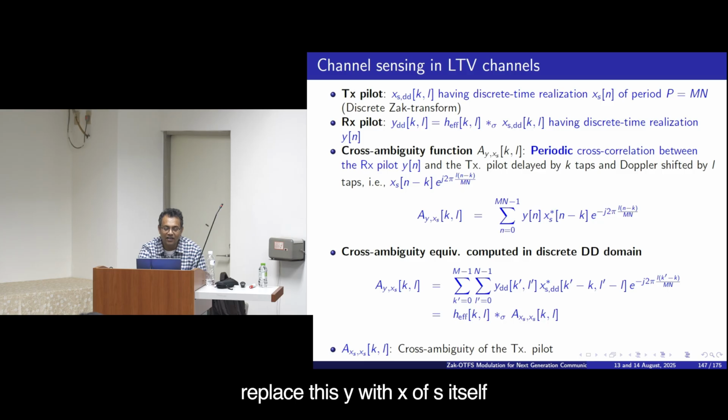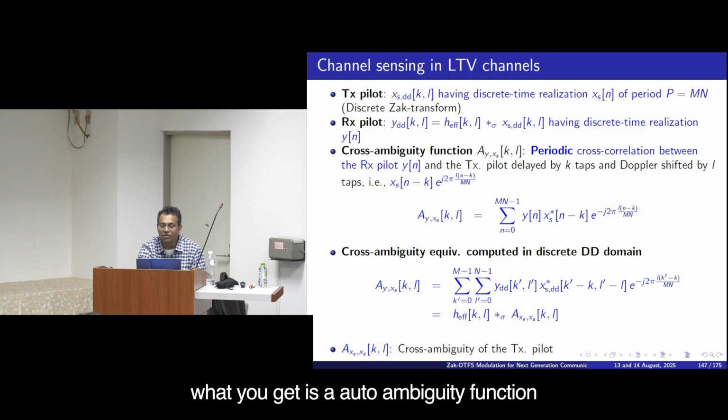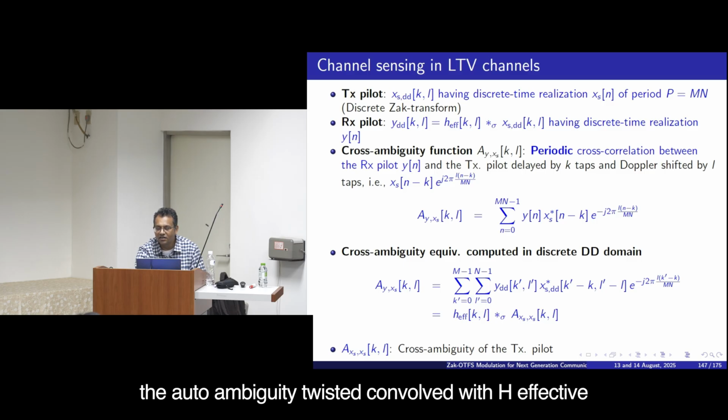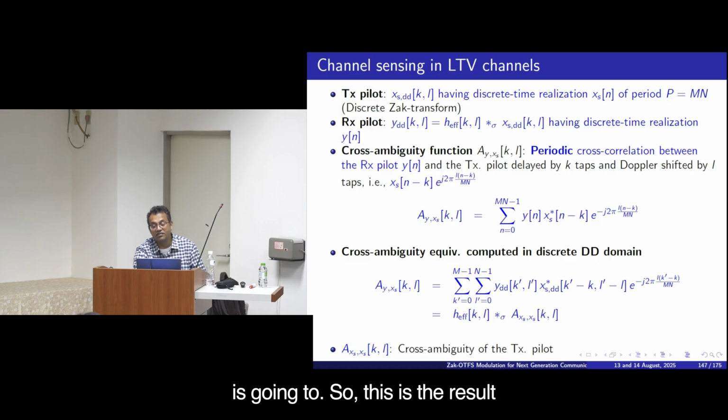If you replace this y with x_s itself, what you get is the auto ambiguity function of your transmitted pilot, right. So this is the auto ambiguity twisted convolved with H effective. This is proven in that paper.